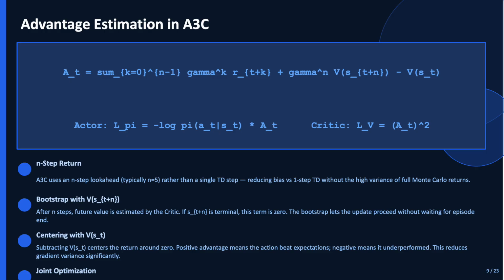The robotics team at Carnegie Mellon used 5-step returns when training their legged robot locomotion policies with A3C style methods, finding that this horizon struck the best balance between credit assignment accuracy and gradient stability across the varying terrain types in the simulation.